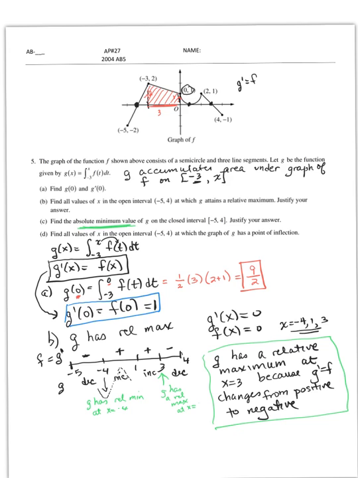Only because we went through the number line analysis, we don't need to test 3, because there's a relative max, so there can't be a minimum there.